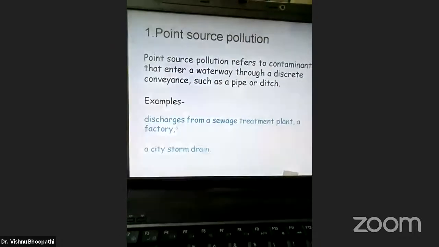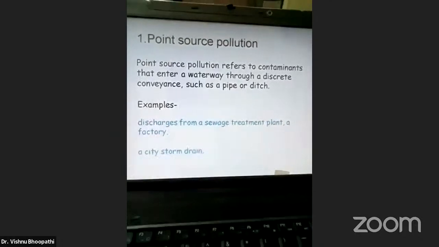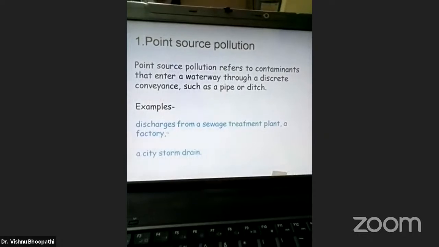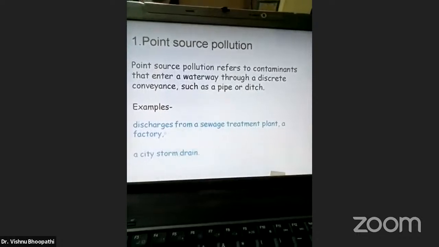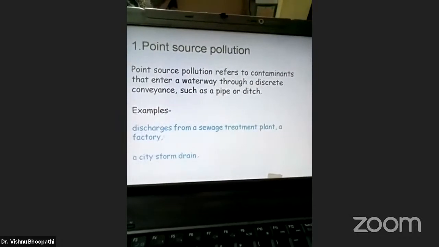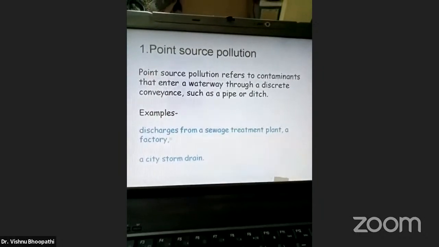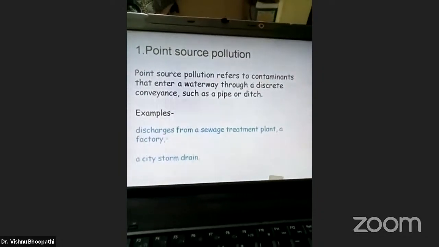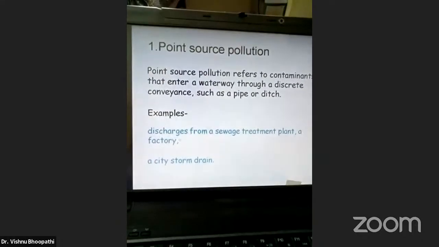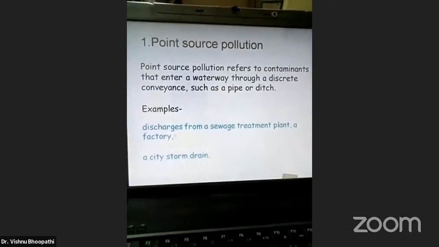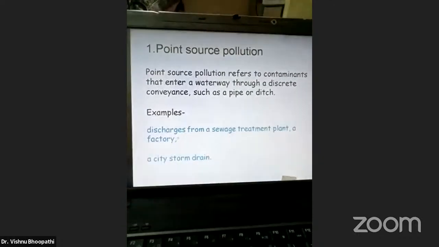Point source pollution refers to contaminants which enter the water or waterway through a discrete conveyance, such as a pipe or a ditch. The best example is discharges from sewage treatment or a factory.